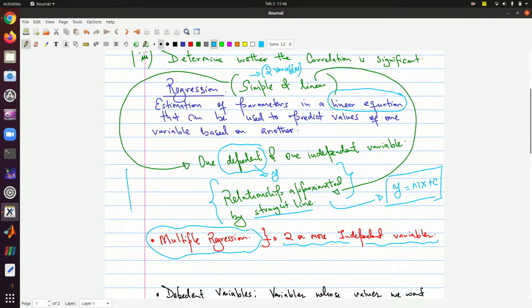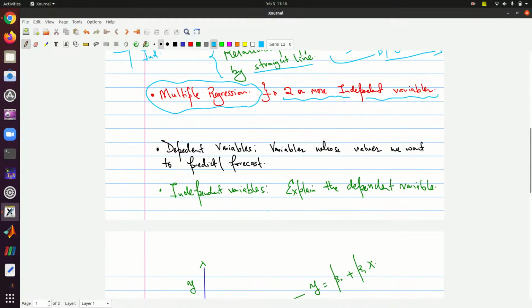That is the one which will be on the vertical axis. This is the dependent variable, and then the independent variable will appear here on the x-axis. The dependent variable is one whose values we want to predict or forecast.